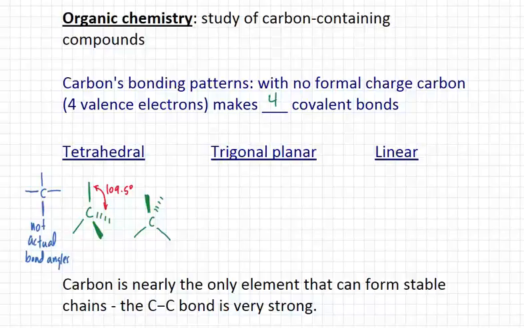So carbon, 2 single bonds, 1 double bond. Okay. That ideal bond angle, what would that be? 120? Yeah, if you're taking a circle and dividing it into 3 equal parts like that, the ideal angle of that would be 120.